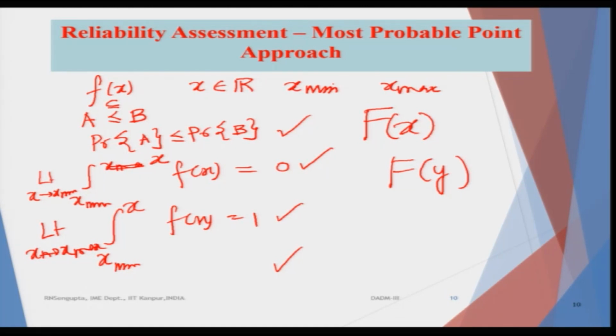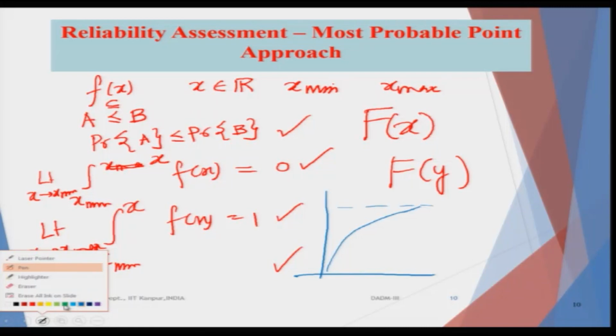The distribution diagrams would look like this, the CDF values. One is between 0 and 1, and consider the other one is also between 0 and 1.